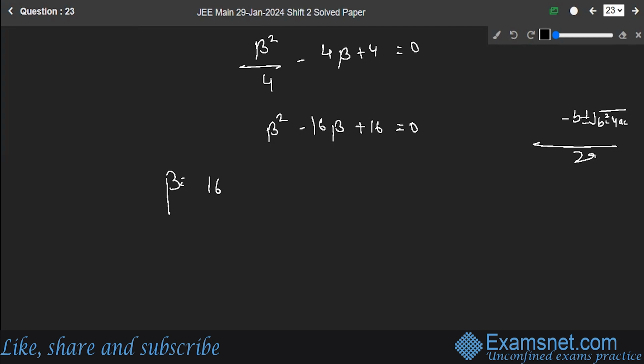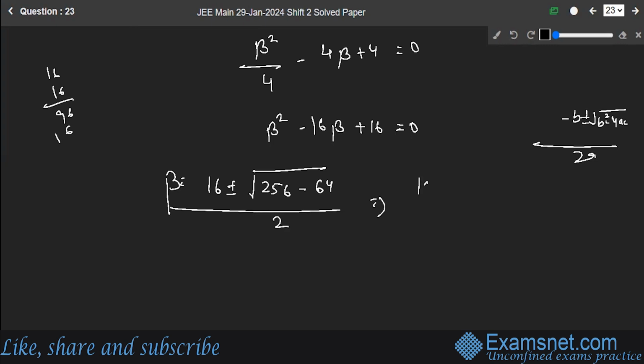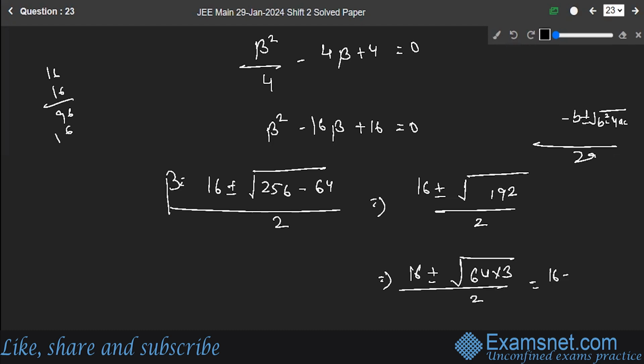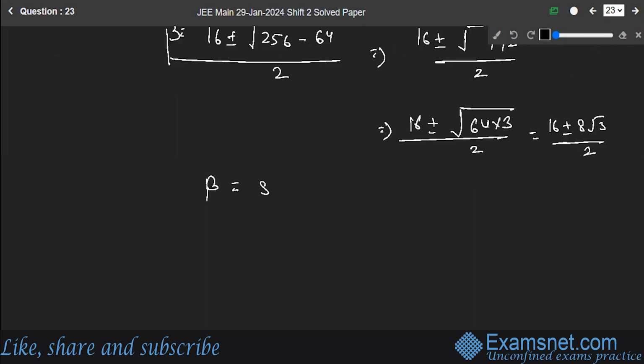So this will be 16 plus minus root of 256 minus 64, divided by 2, or this will be 64 into 3 upon 2, or 8 root 3 upon 2, or you will have the beta value as 8 plus minus 4 root 3.